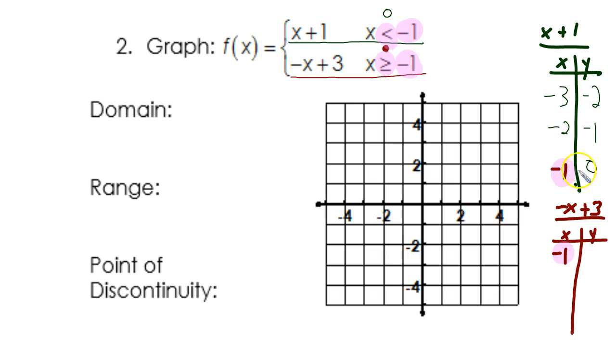And I'm going to plot these ordered pairs. -3 comma -2, I'll put a dot on the graph. -2 comma -1, I'll put a dot on the graph.